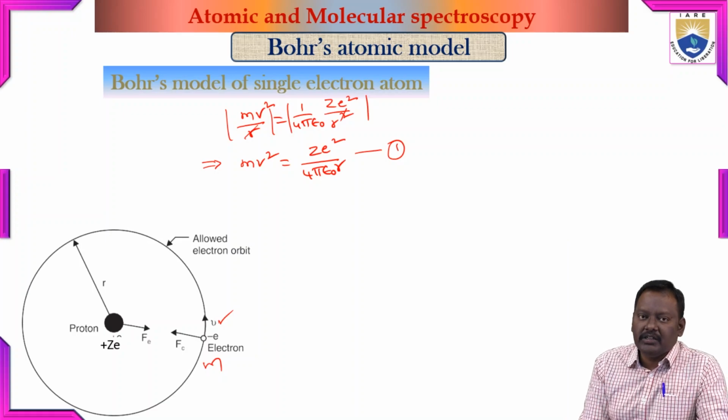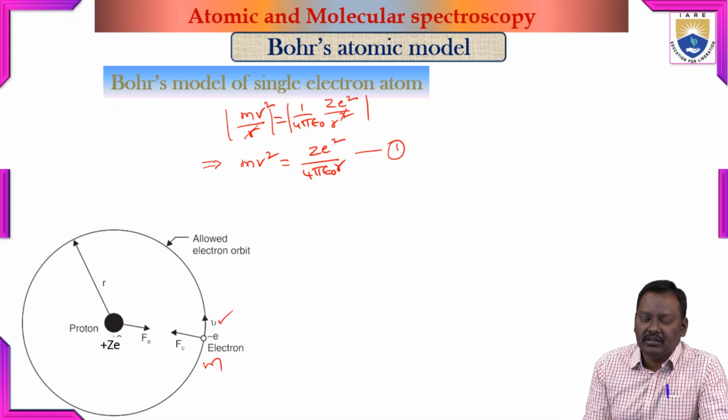Now here we are discussing different characteristics of a single electron atom. Let us derive the radius, velocity, and energies of the electron of a single electron atom.